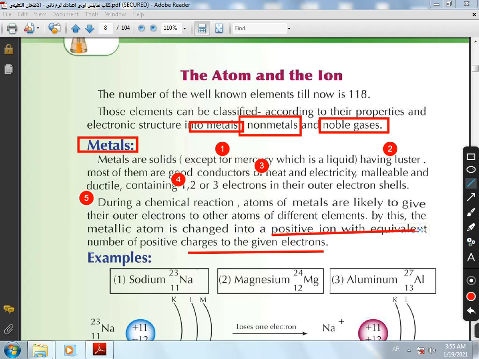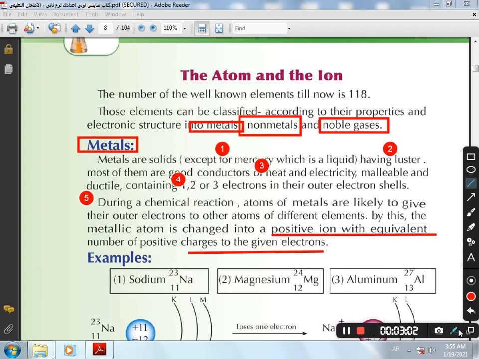Again, write about the behavior of the metals during the chemical reactions. Metals lose electrons during the chemical reactions and change into positive ions having a number of charges equal to the number of given electrons.